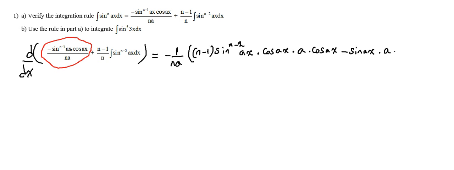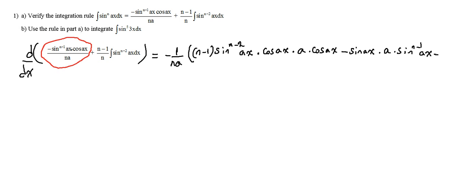And all of those multiplied with sine to the power n minus 1 ax, right? It's v prime times u. This is the derivative of v till here, and times u as it is.